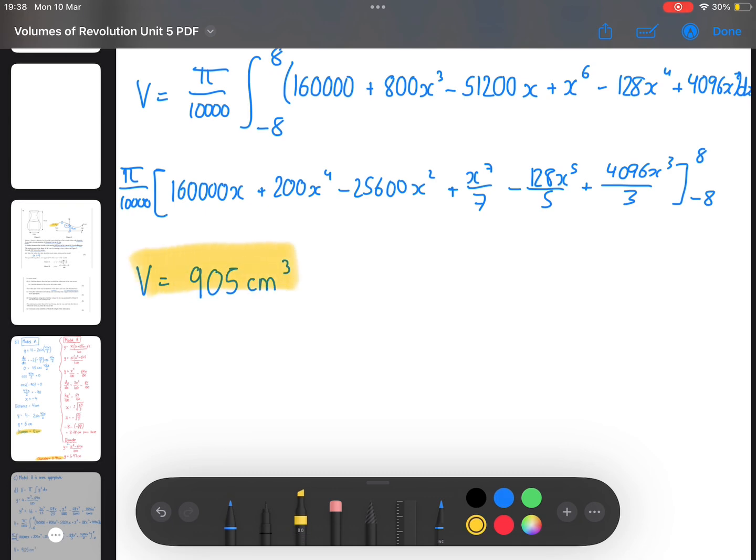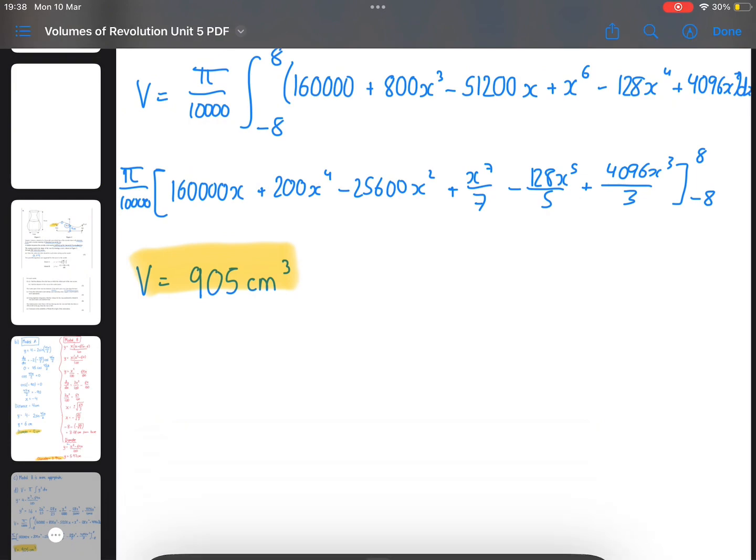That is the volume of the vase as predicted by Model B.